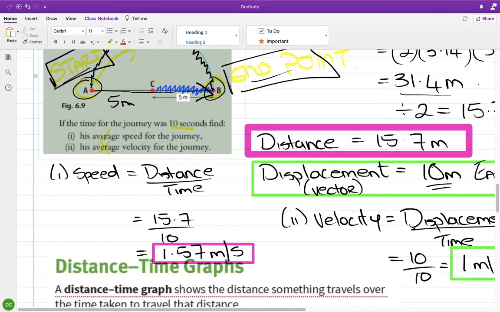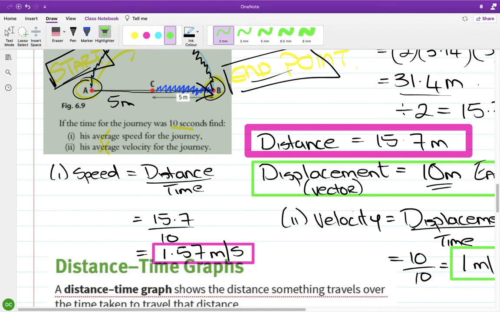Okay, I said to ignore the average words in here, the fact that it keeps saying average. Speed and velocity, they're difficult things to be exact with. How am I trying to explain this? Right, let's say you get in a car and you drive from Dublin to Galway.